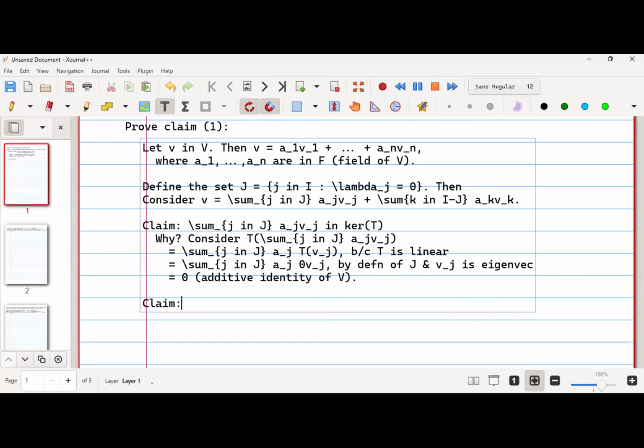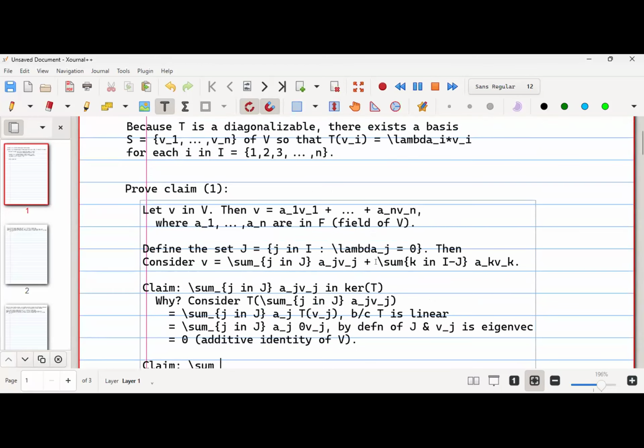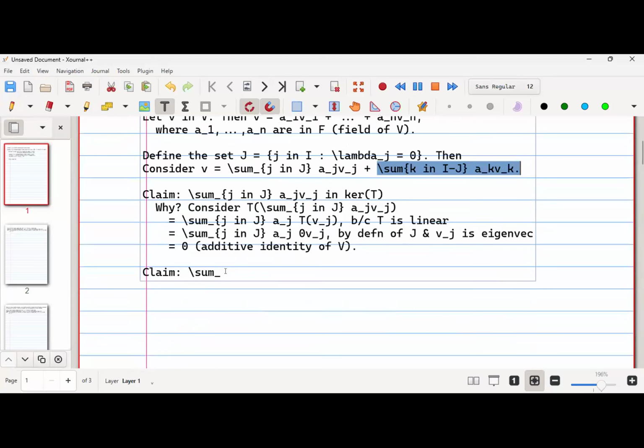Okay. Now the slightly more interesting one is how would we show that this is in the image of T?